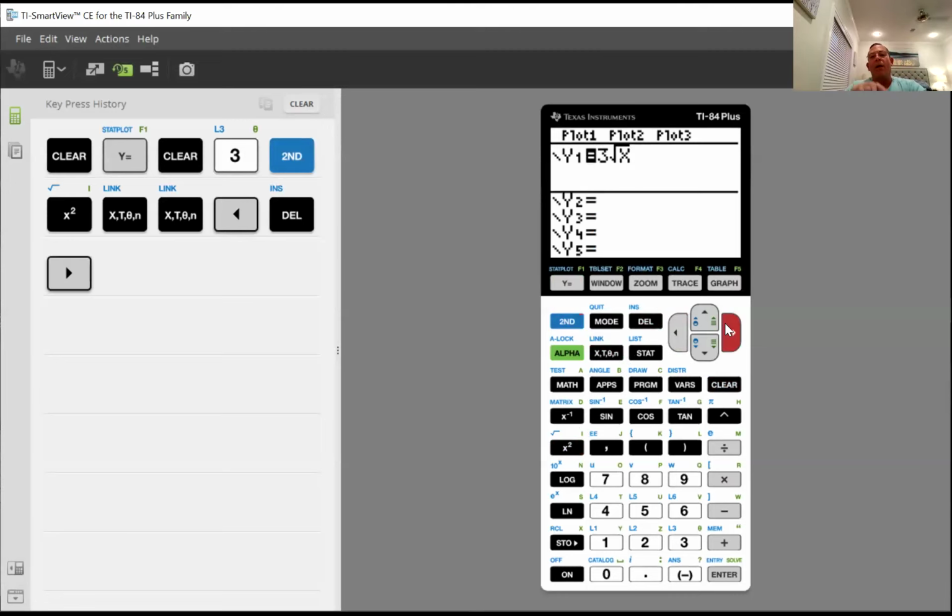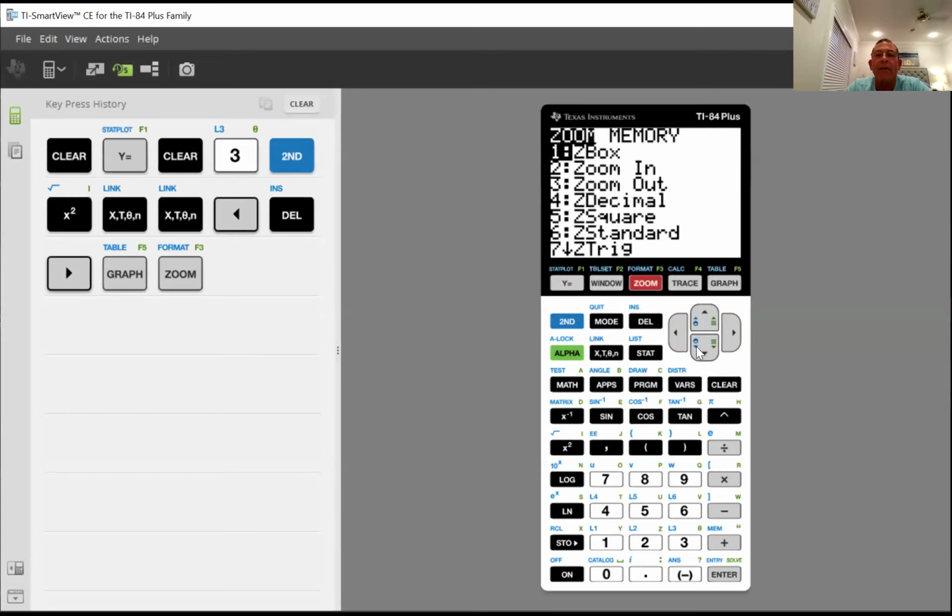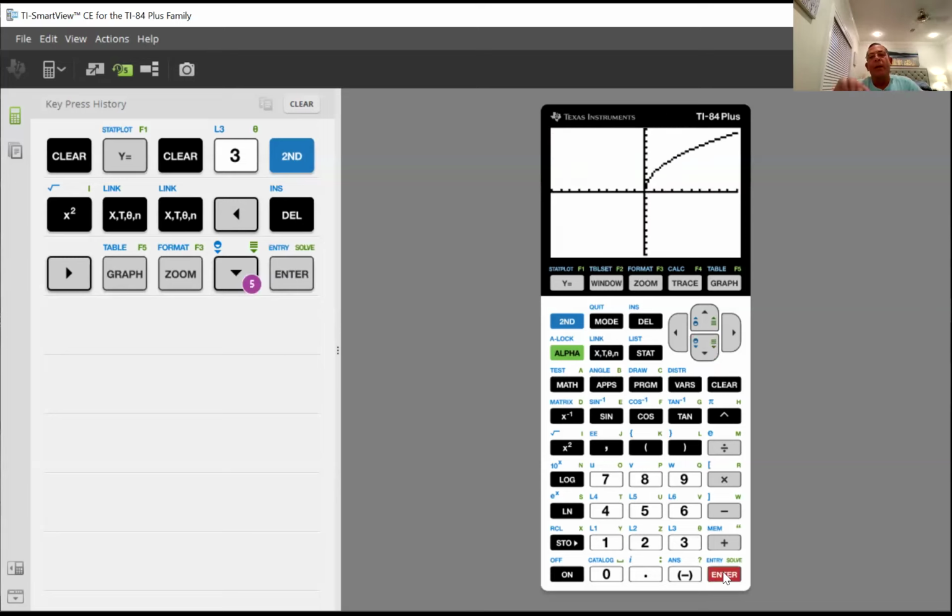All right, I'm going to show you the graph real quick by hitting graph. And there it is. It's going uphill to the right. Let me go back to zoom 6, and that'll put me on a 10 by 10 graph. There you go. Now remember, let me show you what happens when you hit second graph and look at the table.